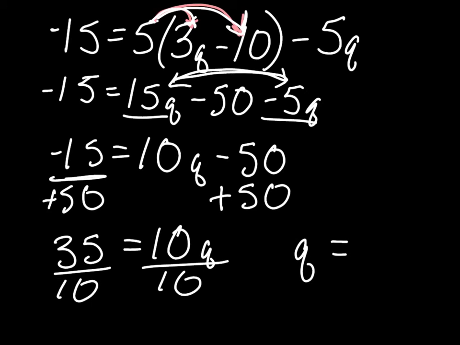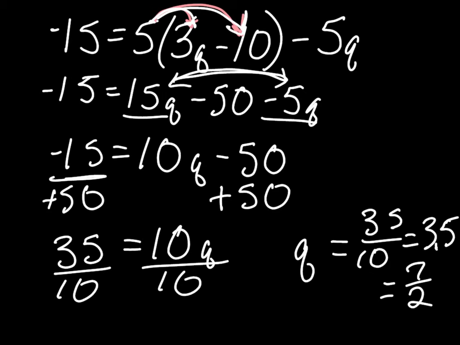So we get q equals, we can keep it at 35 over 10. We can simplify it down. Let's see, we can simplify that down to 3.5, or it also equals 7 over 2.